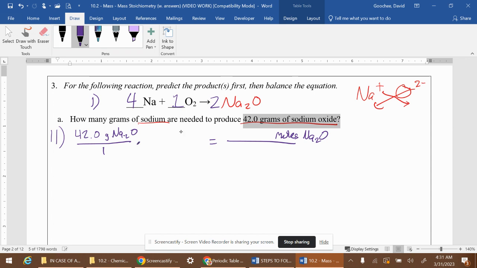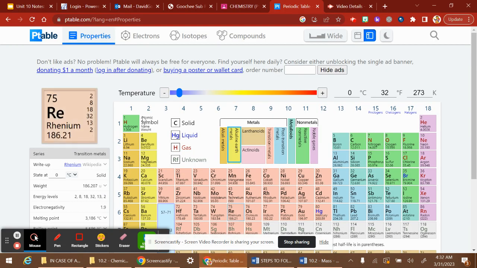Now to get out of grams and into moles, we divide by the molar mass, all right? So we got to figure out the molar mass of Na2O, sodium oxide. I'm going to add a sodium, which is 22.99, plus another sodium, 22.99, plus an oxygen, which is 16.